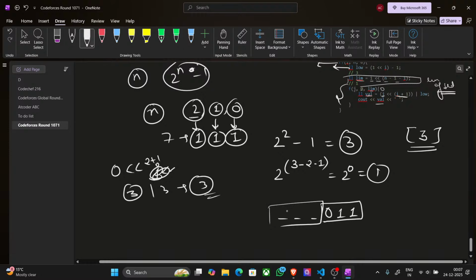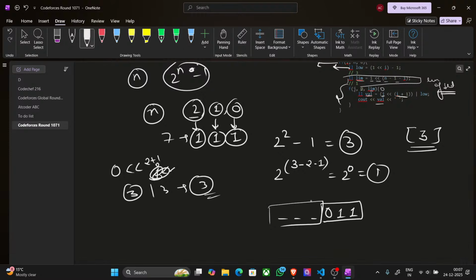So while doing or, you get the set size. What is the number of bits that can come here? Then you will just do value as j left shift with i plus 1 and do an or with low, so you will get those values, and then you can just print this.